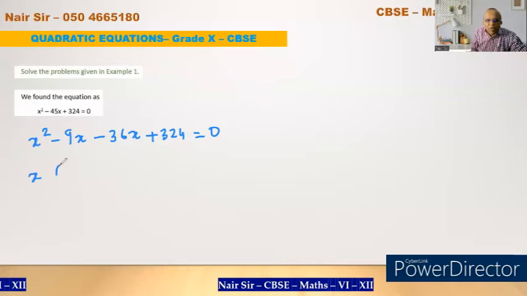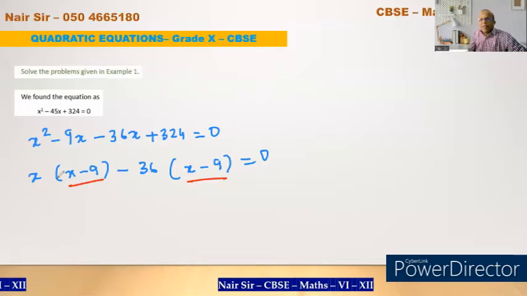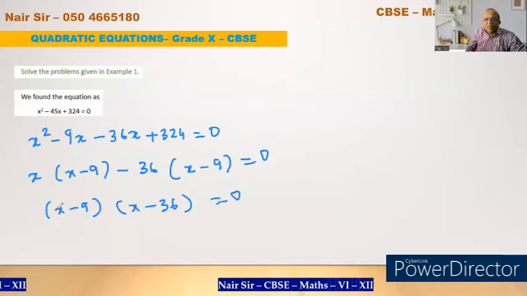Taking x common from the first two terms, x minus 9, and minus 36 common from the last two, x minus 9 is equal to 0. My first checklist every time: this and this have to be the same. So going further, I take x minus 9 as common, x minus 36 is equal to 0.